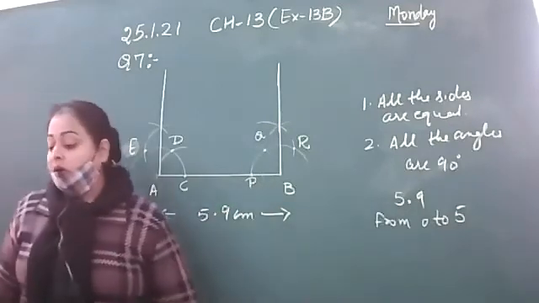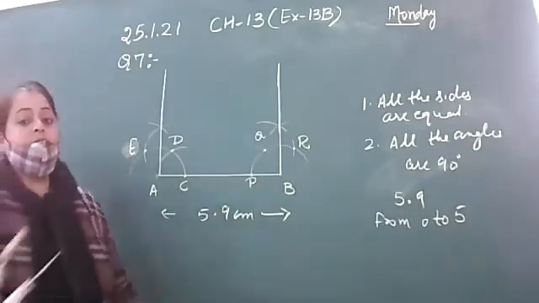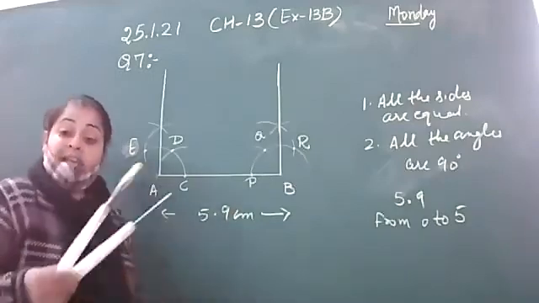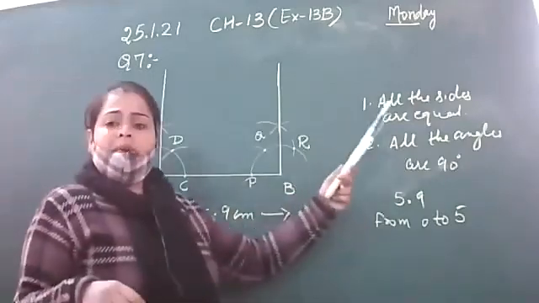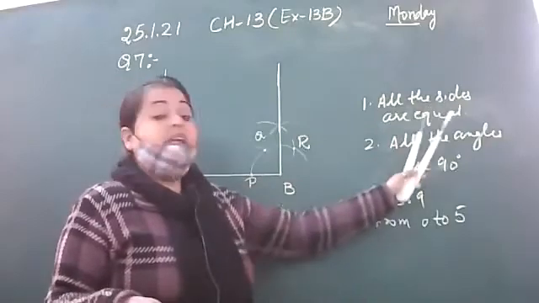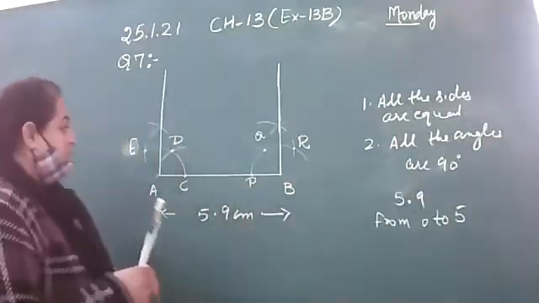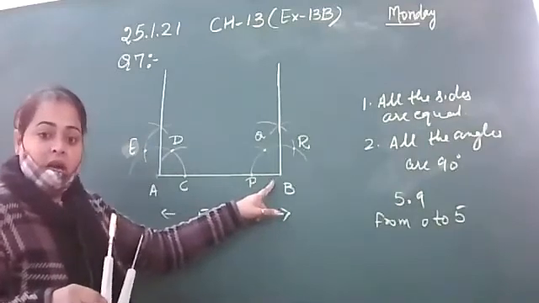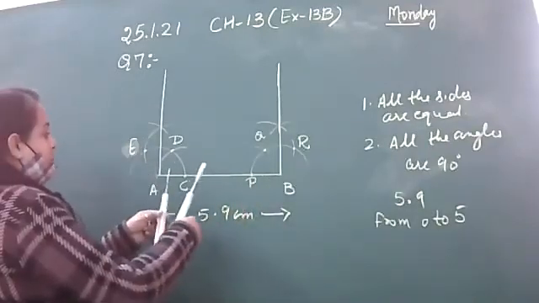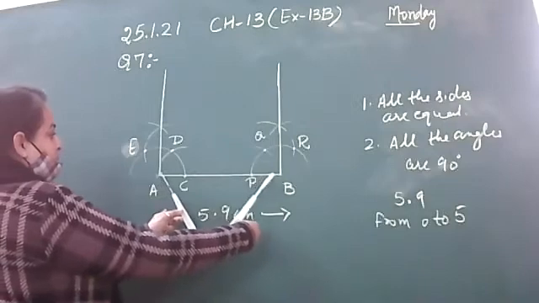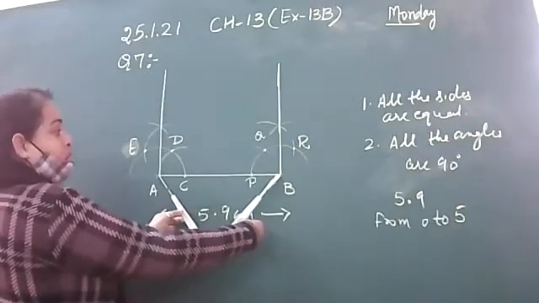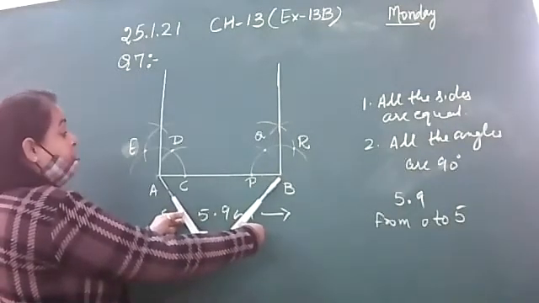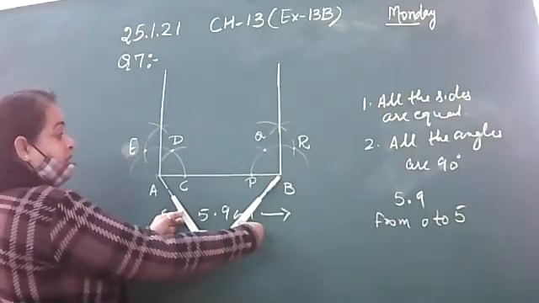Fine. Now come to the next. Now I am going to use the next property, that is property number 1. All the sides are equal. Now this is 5.9 centimeter. Now open your compass 5.9 centimeter.